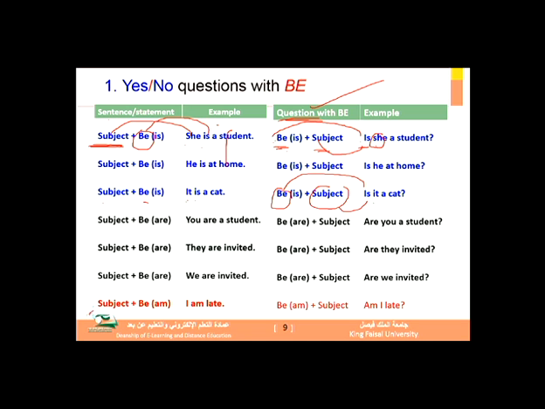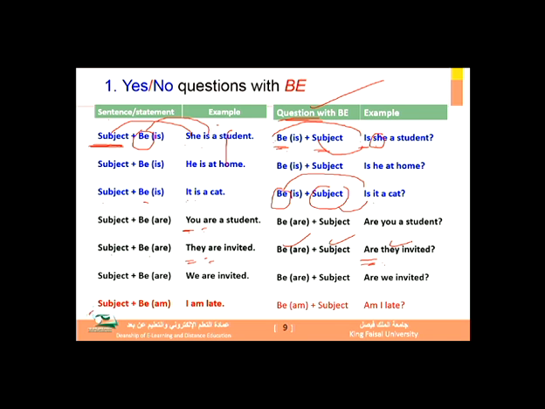Subject plus verb to be: You are a student. You is the subject, are is the verb. They are invited, subject, verb. While in the question we have the verb first, then the subject. So we reverse the order of the sentence.